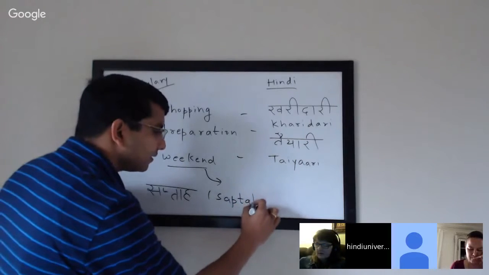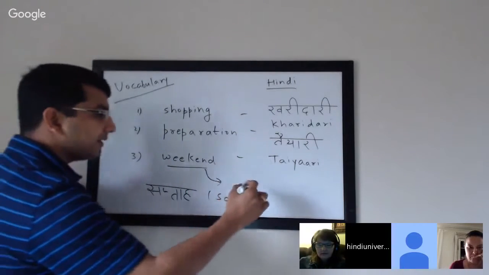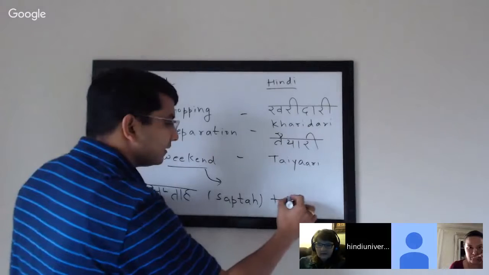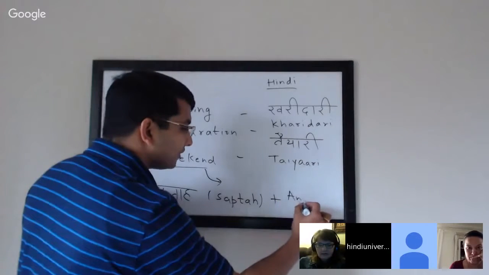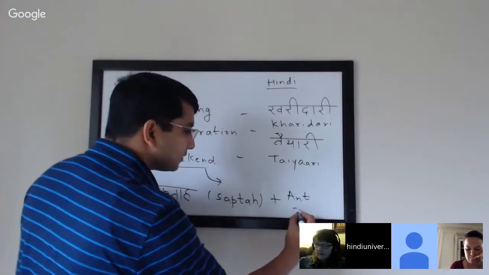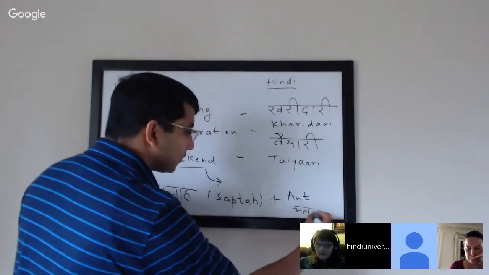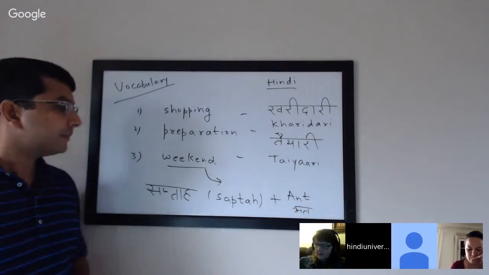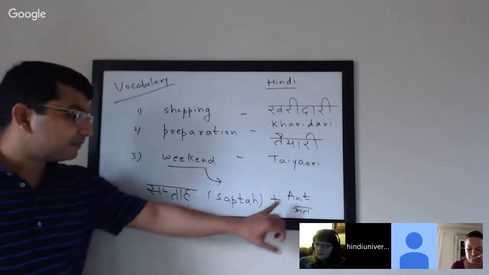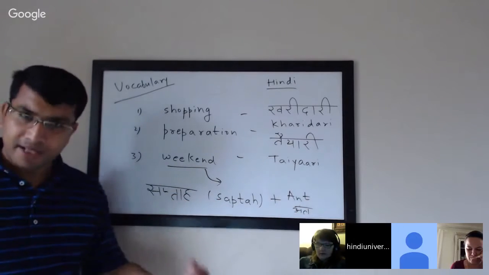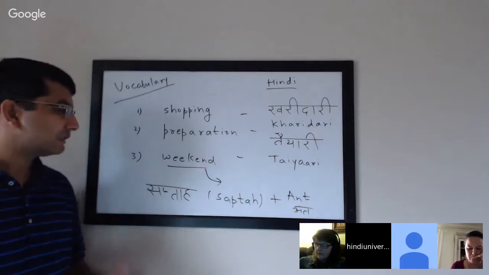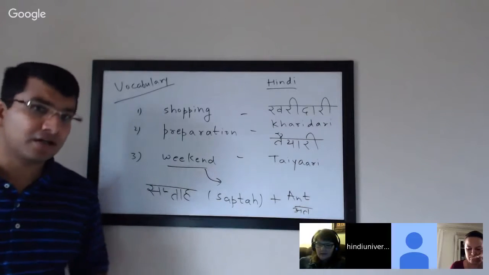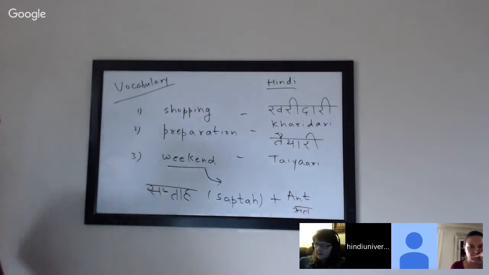End is basically ant. Don't read it as and, it's ant. When you join both of them, saptah plus ant, that is the word for weekend, saptahant. I'll write it down.